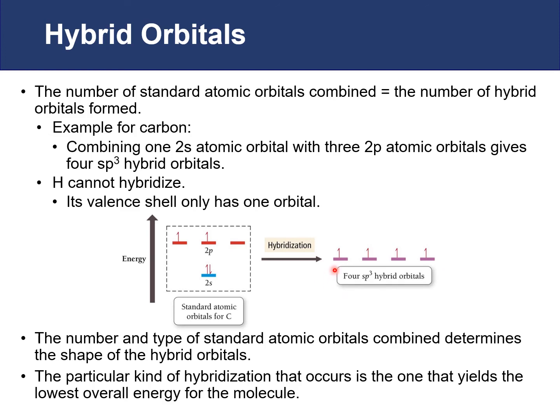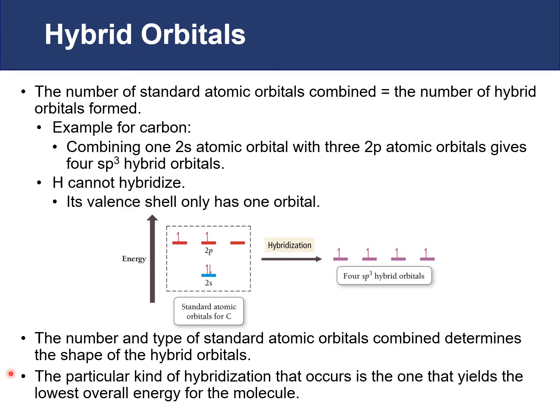So for carbon, it has 4 orbitals, each one having 1 single electron in them, meaning they can easily form 4 bonds. The number and type of standard orbitals that combine together determines the shape of the hybrid orbitals.